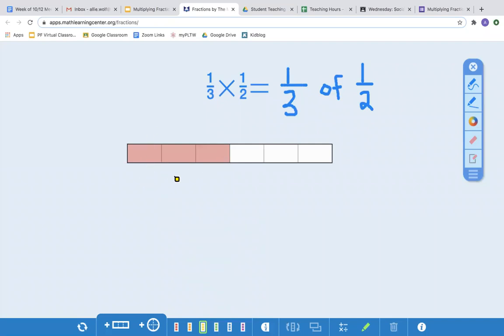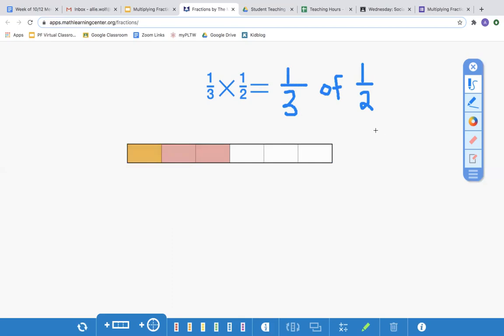So we look at these 3 parts of the red, and I'm taking another color and I'm just going to represent that with an orangey color. So now we look at this fraction bar and this one yellow piece. What is that the answer to from the whole? We have 6 equal pieces. So that's 6 is the denominator and 1 is the numerator.